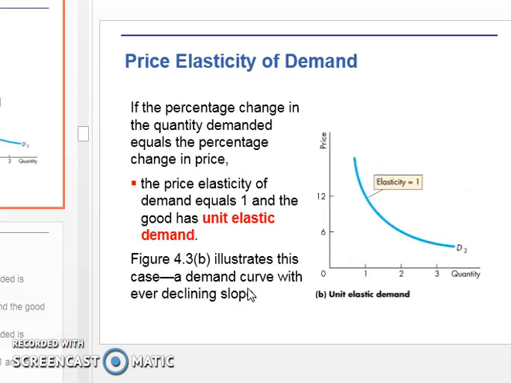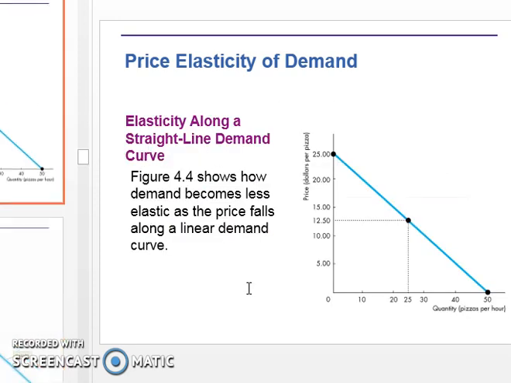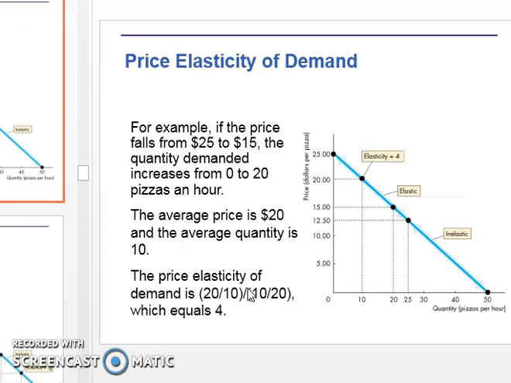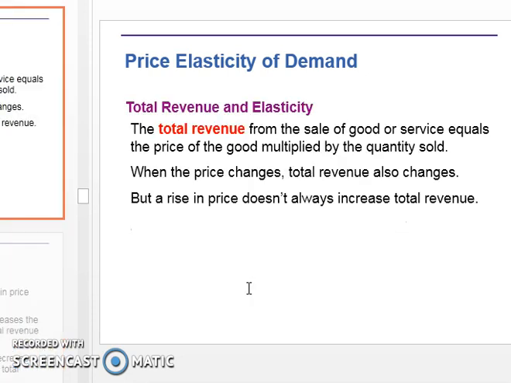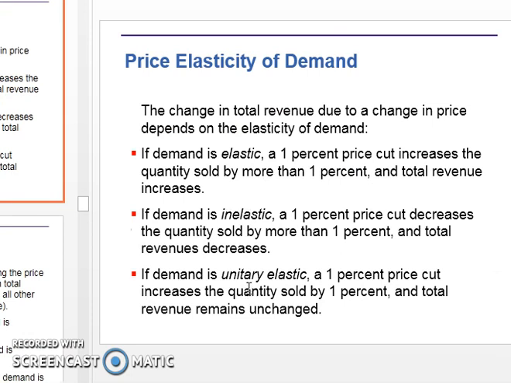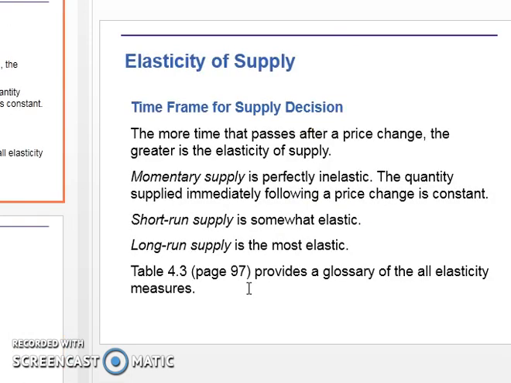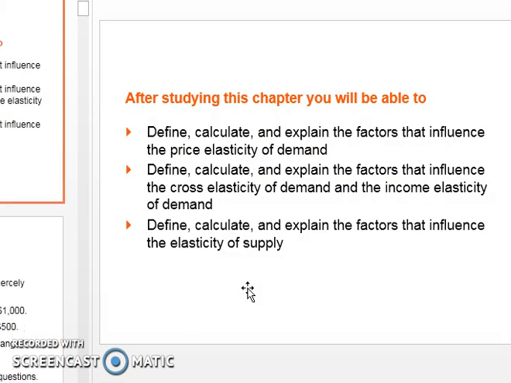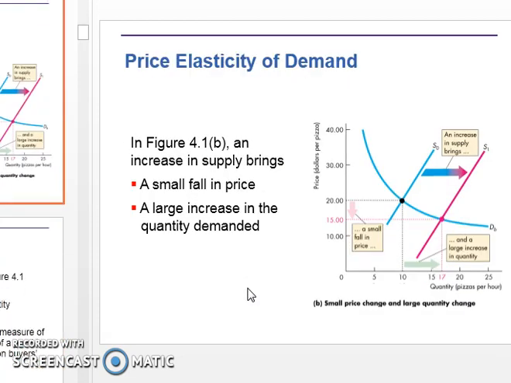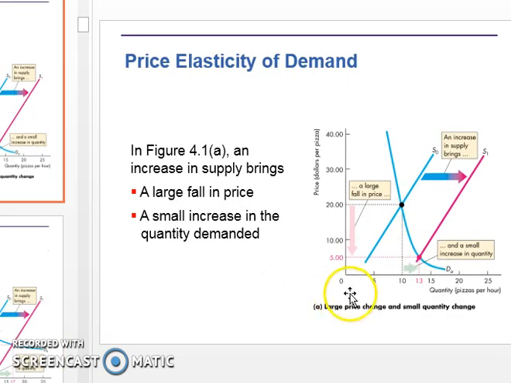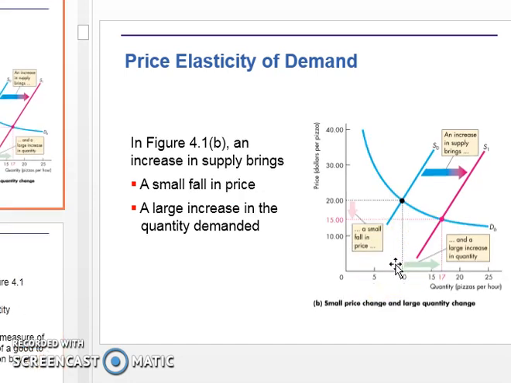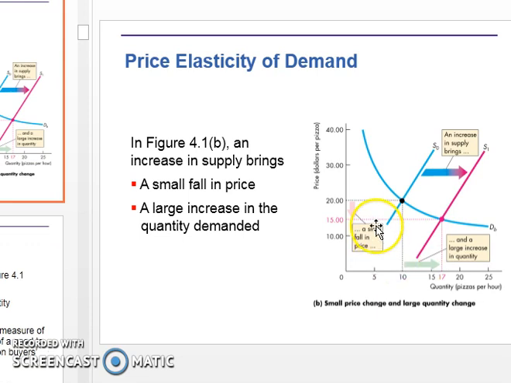For example, we can see clearly here that there is a higher change in price but less change in demand, and in this case there is a less change in price and higher change in demand.